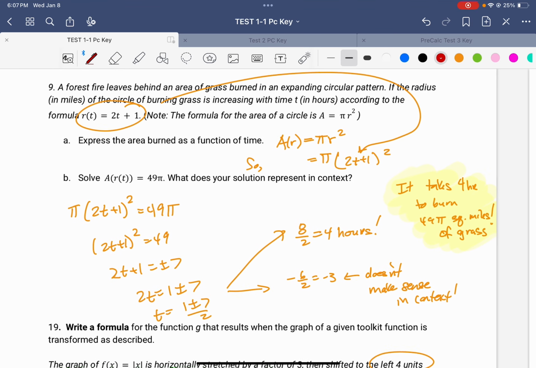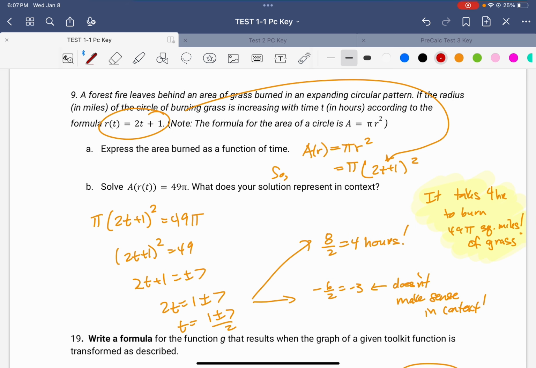Here, if I've got a forest fire, this one was a little difficult for students. So if we have a forest fire and it makes a circular pattern, in this case the radius is growing according to this function. This r is equal to 2t plus 1. What is going on with my pen?